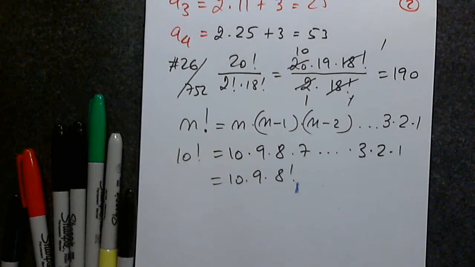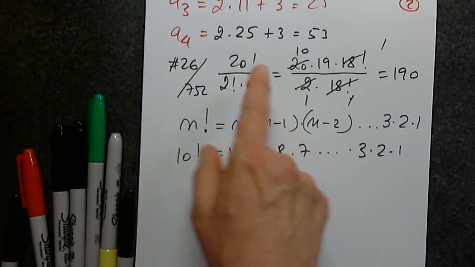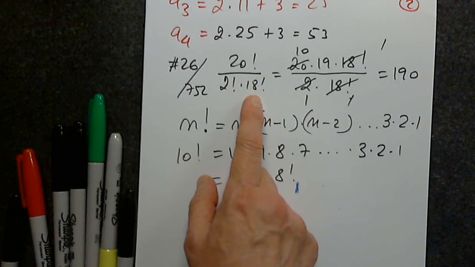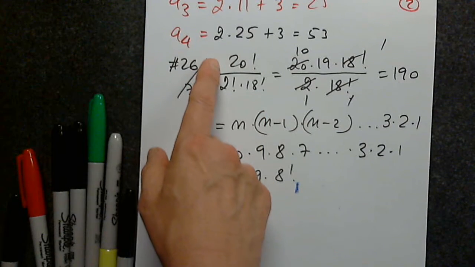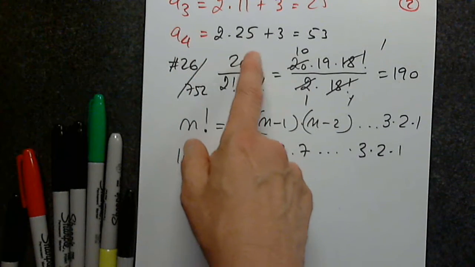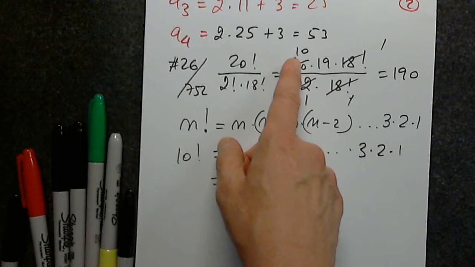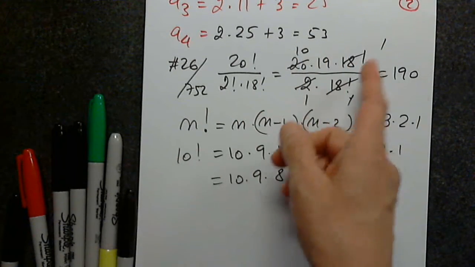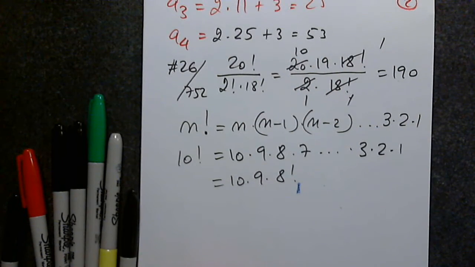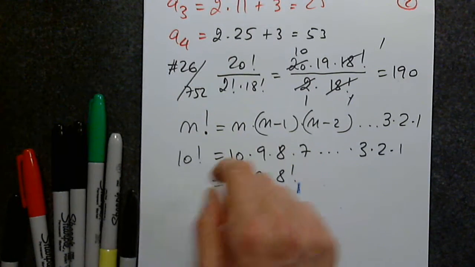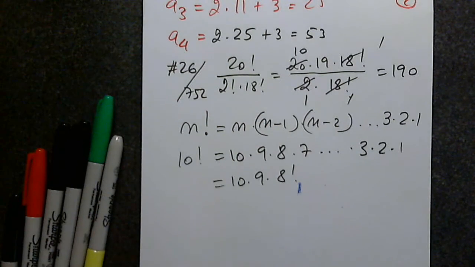If it was 20 factorial over 12 factorial, you would keep going until you got to 12? Yes. If I have 20 here and 12 here, I would have written 20, 19, 18, 17, 16, 15, 14, 13 and then 12 factorial. The 18 no longer matters.